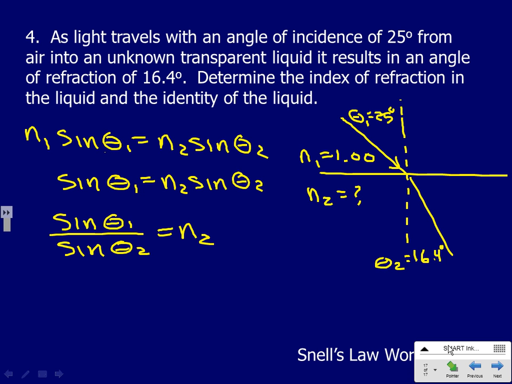When you graph that and take the slope, which is rise over run, you'll notice the rise is sine theta 1, and the run, this distance here, is sine theta 2. So when I have you calculate sine theta 1 over sine theta 2, or rise over run, what you are actually finding is N2.